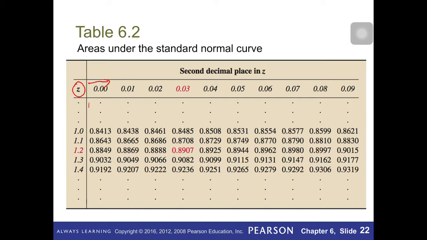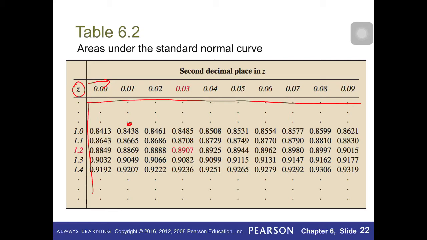Whatever is inside the body of the table gives values with 4 digits. See, first this one, 0.8438, something like that.